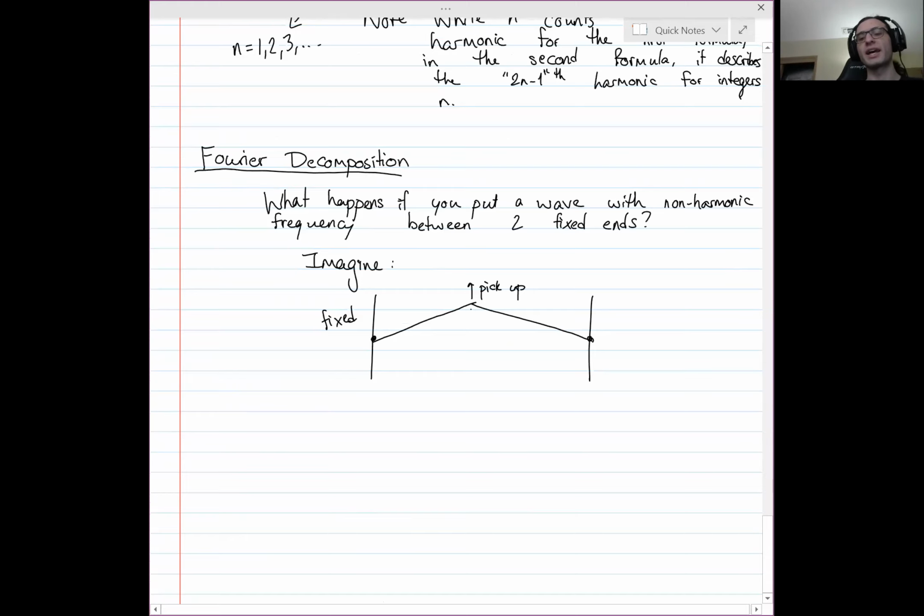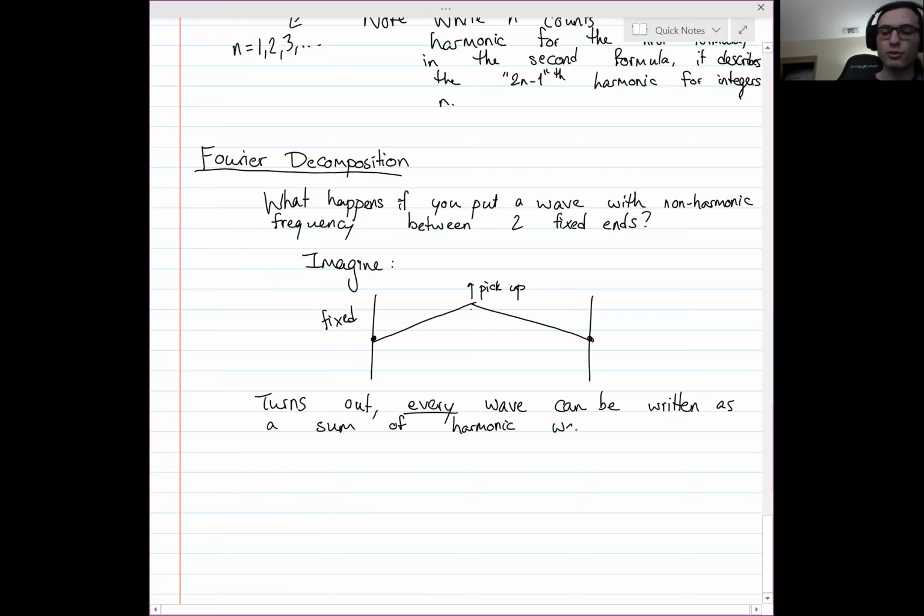So far, all we know how to handle are these harmonic waves. So it turns out every wave, underline that, every wave can be written as a sum of harmonic wave functions.